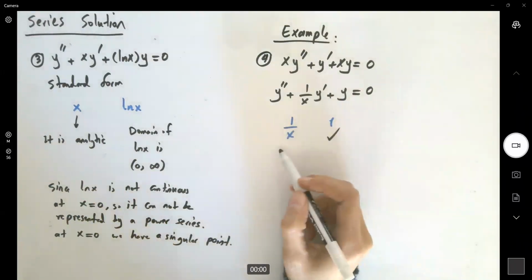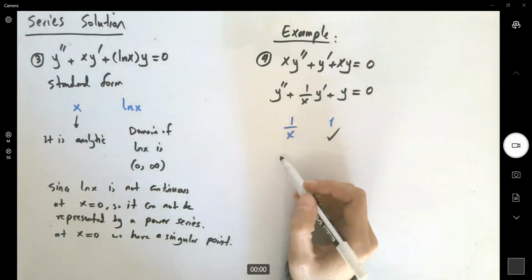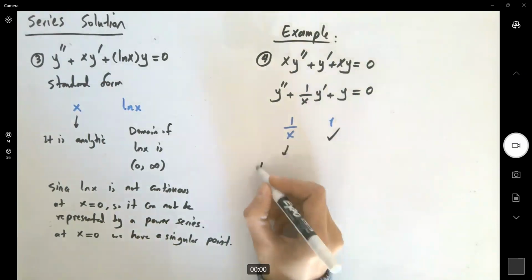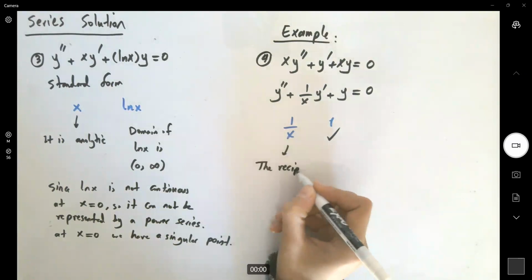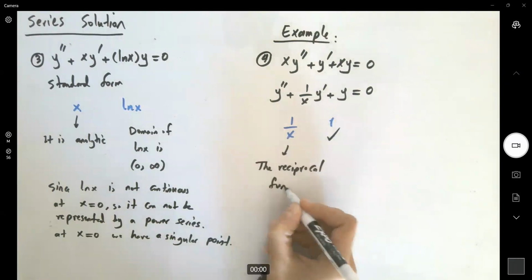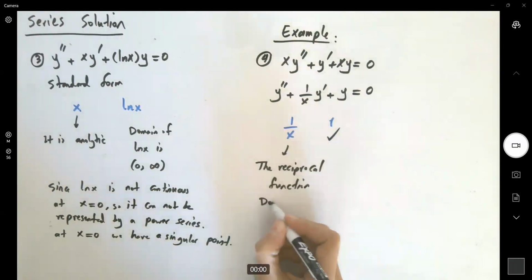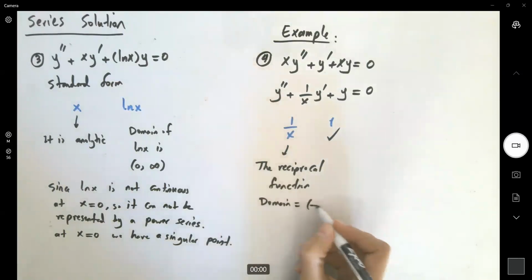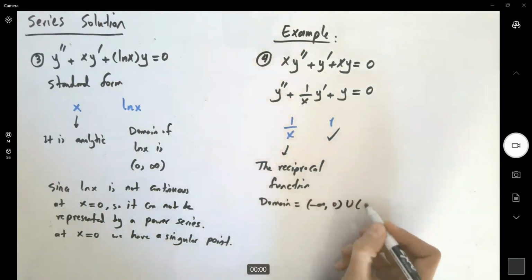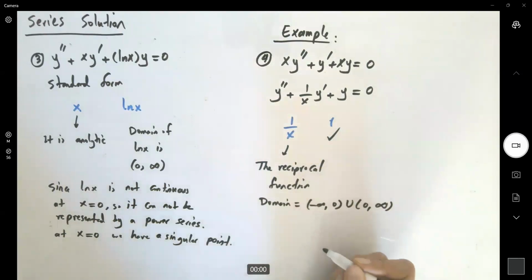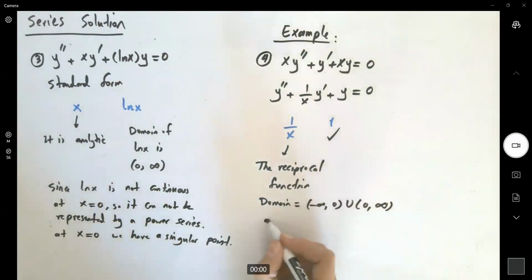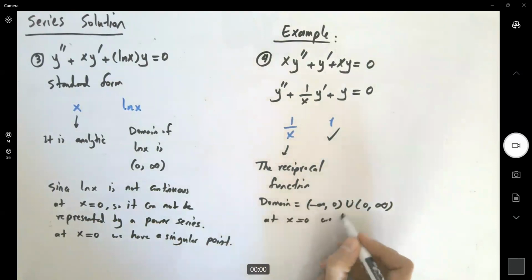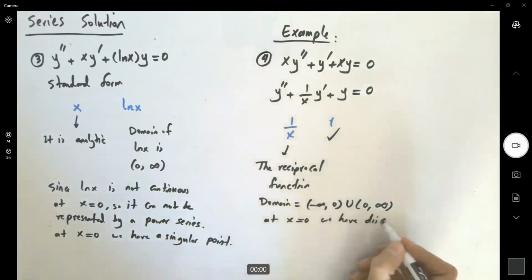But here we have 1 divided by x, the reciprocal function. The domain of this function is negative infinity to 0 union 0 to positive infinity. Well, at x equal to 0, we have discontinuity.